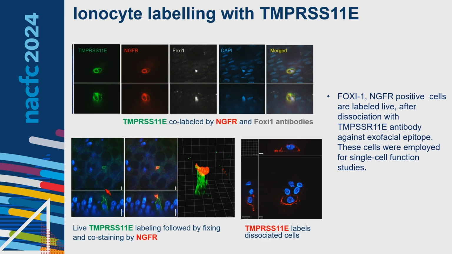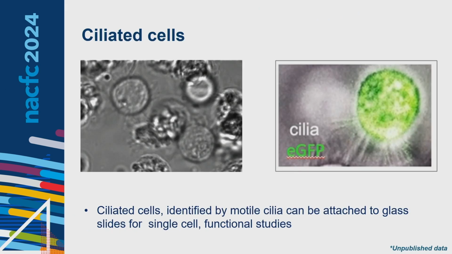In addition, we did live staining using TMPRSS11E, followed by fixing of the cells and co-staining with NGFR. We have also labeled the ionocytes with TMPRSS11E in dissociated nasal cultures, which we'll be using for the patch clamp studies in the next slides.